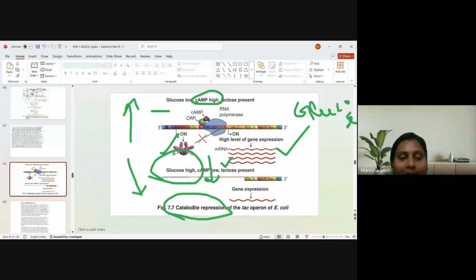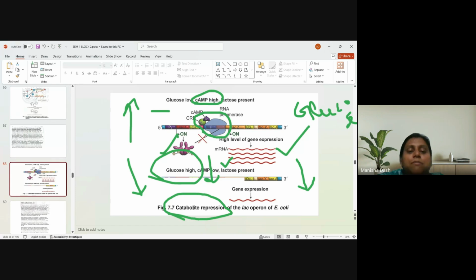Because of low cyclic AMP, the binding of the RNA polymerase to the DNA strand cannot take place, because the cyclic AMP plays an important role in binding of the RNA polymerase to this region. So if the cyclic AMP is low due to presence of high glucose, even though lactose is present, the gene expression will be suppressed. Okay, so the organism is forced to utilize glucose first before utilizing the lactose.